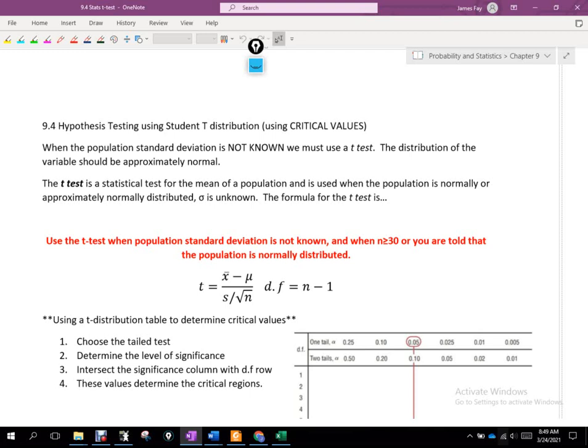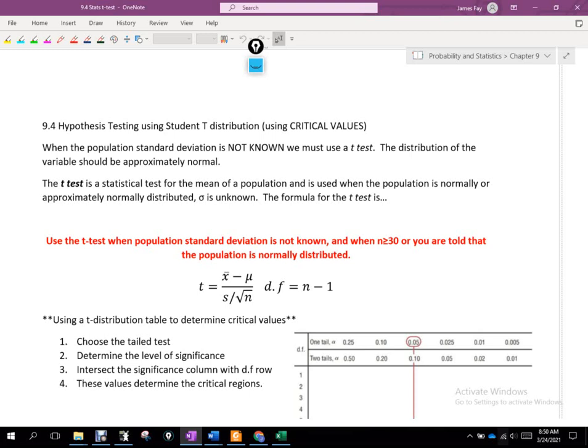The only way that we would know a population standard deviation is, one, if we had the entire population, which is impractical, or two, we know it from a previous study, and basically we siphon off that value from the previous study and use it as our population standard deviation. That's impractical. But what we've been doing in the last couple days gets the ball rolling.